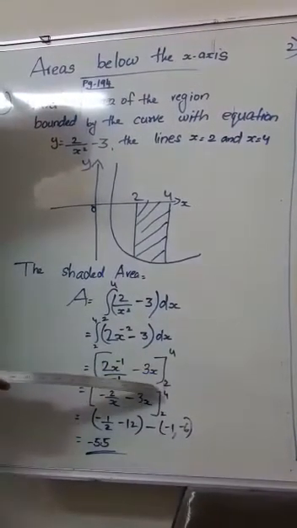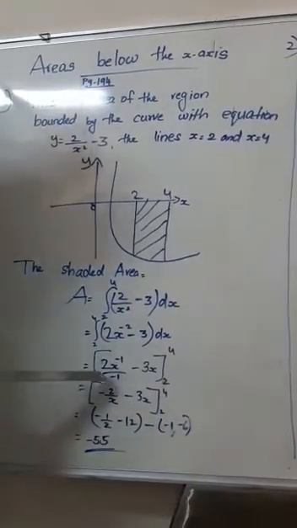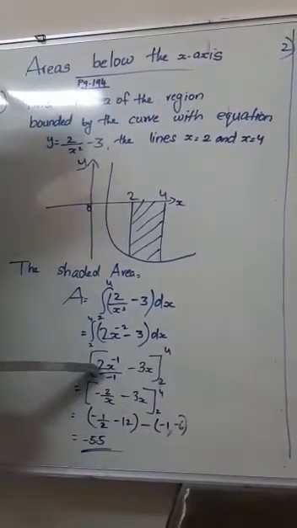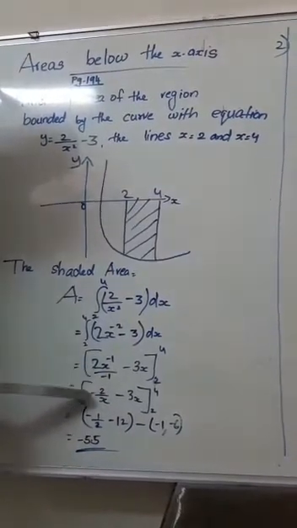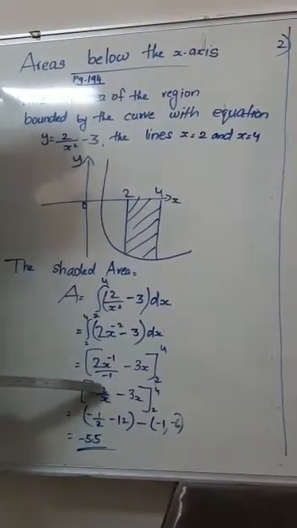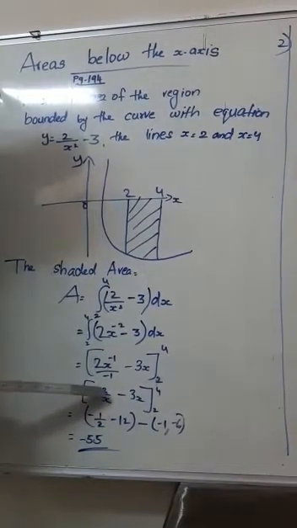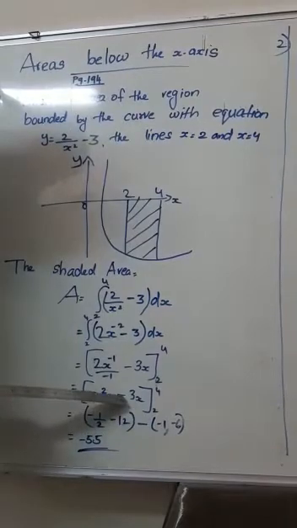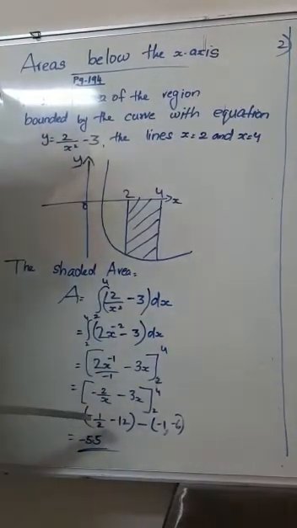We are going to integrate between 2 to 4. Now this becomes 2x to the power minus 1 divided by minus 1, that is equal to minus 2 x to the power minus 1, I can bring down, minus 2 by x I can write. Minus 3x. If you don't bring it down also, your answer will come correct only.